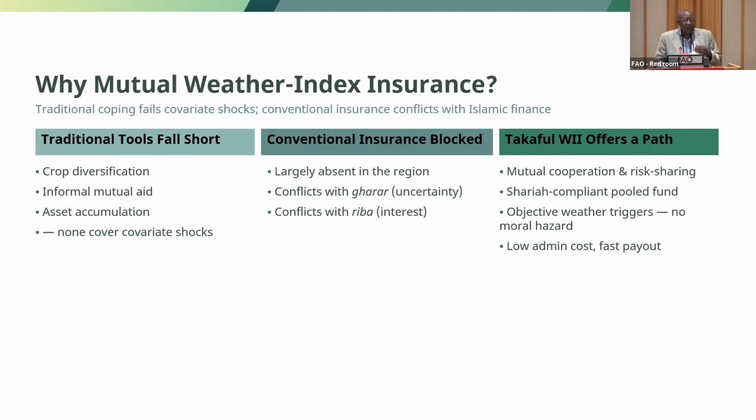And so the people in the area do not accept conventional insurance. That is the reason why the team from Ahmadu Bello University experimented using mutual weather index crop insurance to see whether it can address the climate change challenge faced by crop farmers in this area, more specifically sorghum and millet farmers.